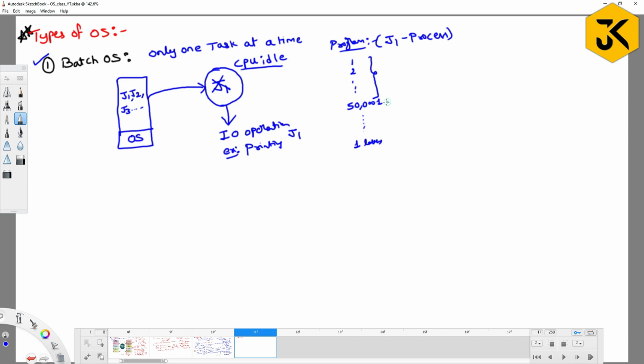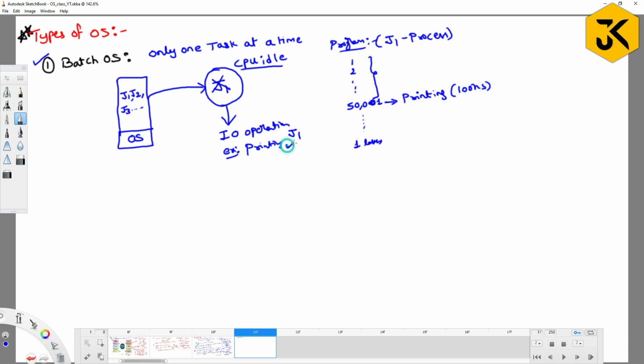Once it reaches line 50,001, the code written is related to a printing operation. So CPU will hand it over to the printing state, right? Now assume that this printing requires some 100 nanoseconds, right?